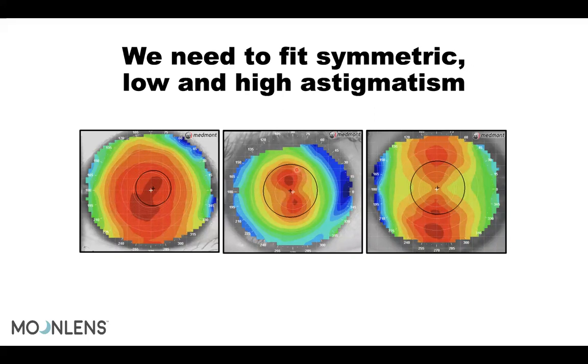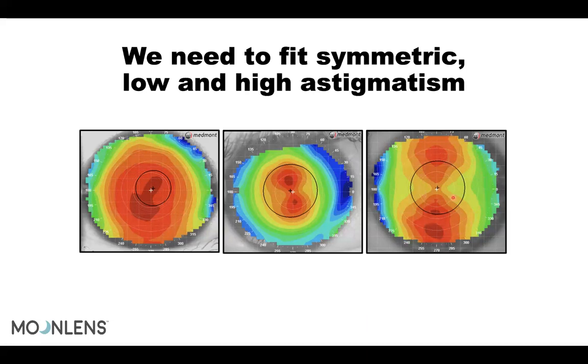So this one here, as you can see, we have the green here, and this is going to tell us that the cornea is going to be more symmetric. With this one, it's limbus to limbus with-the-rule astigmatism, and with this one, we kind of get lost in this green area.